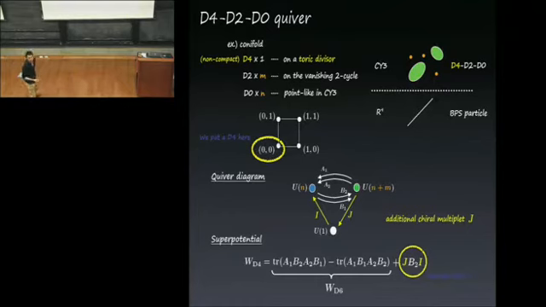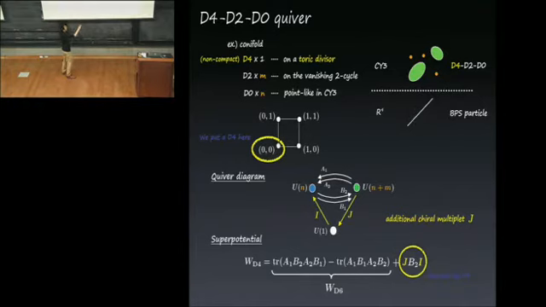Yeah, that's a good point. In the D6-D2-D0 case, the D6 brane induces no superpotential. This potential comes from the D2-D0 branes. The D6 brane gives nothing because the D6 brane is associated to these quiver nodes.